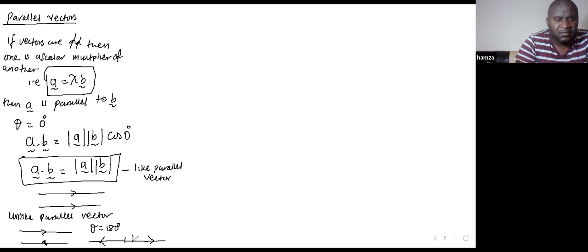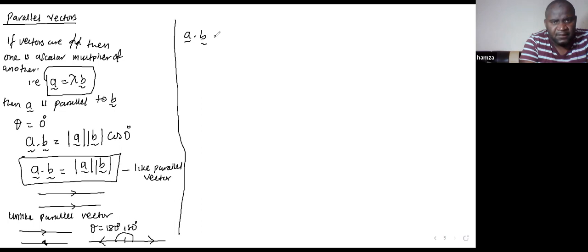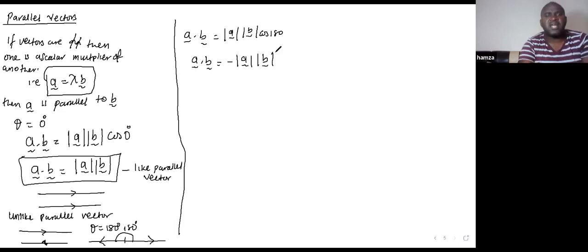So you find that the angle between them is 180 degrees. So when you have unlike parallel vectors, then the dot of A and B will give you the magnitude of A times the magnitude of B, cosine of 180. So therefore A dot B would be equal to a negative of the magnitude of A and the magnitude of B, because cos of 180 is negative 1.